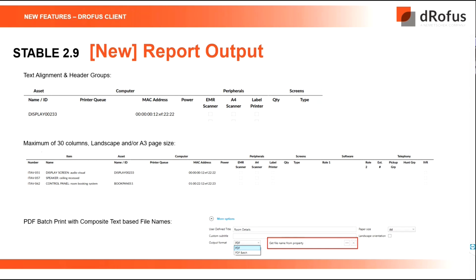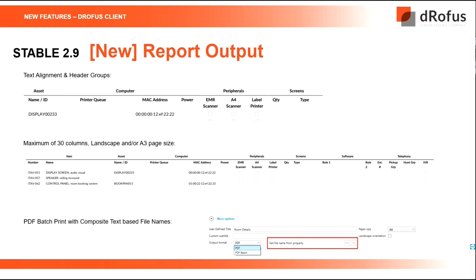PDF batch print. If you remember back to the old school out of the box reports, the only way to really get batch print to work was via the static choices. It's a little bit finicky. So now, once you activate the PDF batch option in the drop down, you get the option to select any field within the database really via connections.